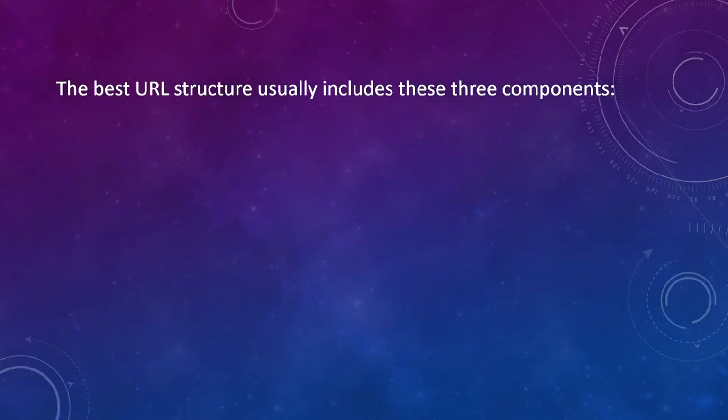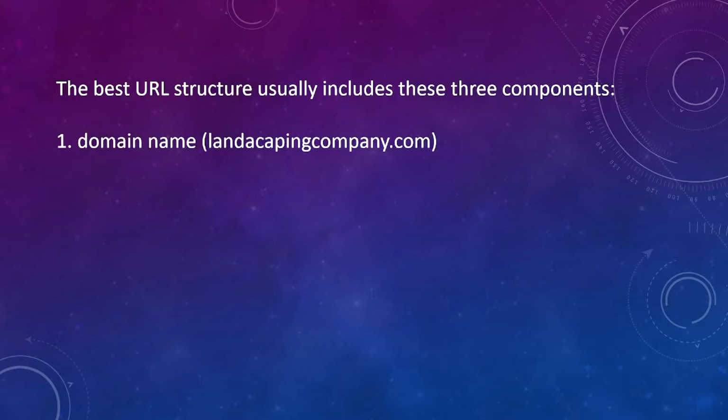Now, some thought needs to be given to the blog post or page of your website. The idea is to create a URL that mirrors the content on the page. So the best URL structure usually includes these three components. First, your domain name, like landscapingcompany.com. Path to the file could be /services.